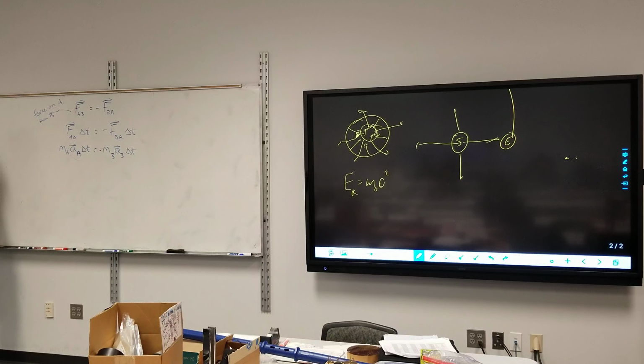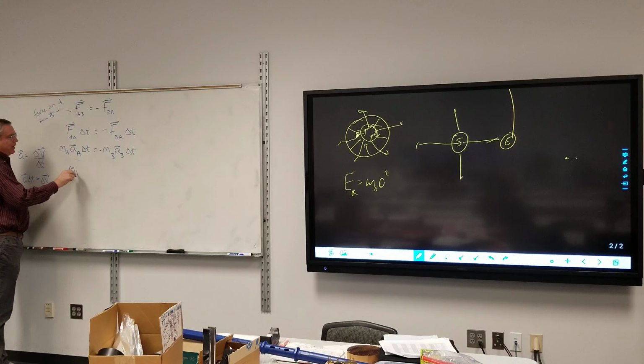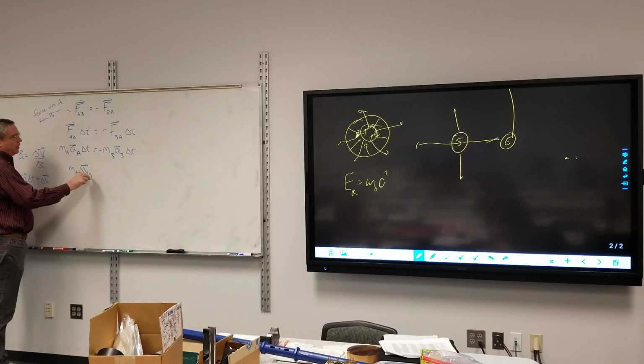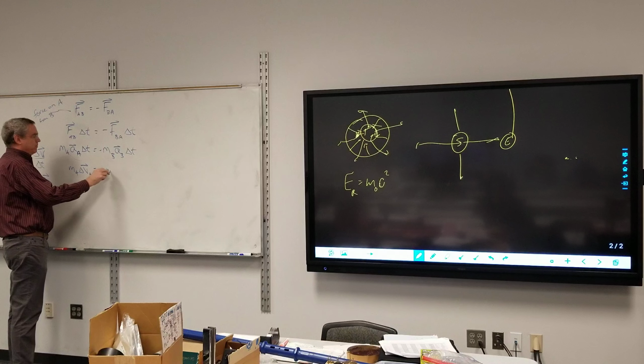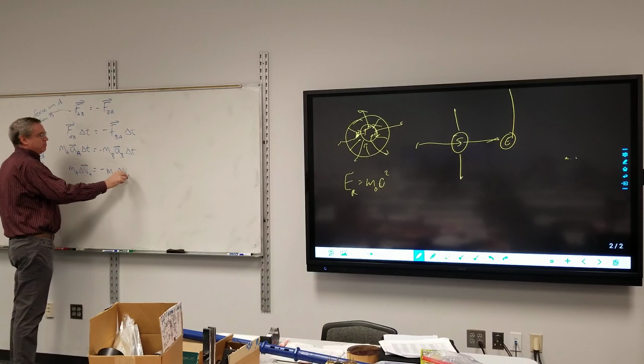If you recall, acceleration is the change in velocity over the change in time. So if I do acceleration times time, I get change in velocity. So this is mass of A times the change in velocity of A is equal to the negative mass of B times the change in velocity of B.